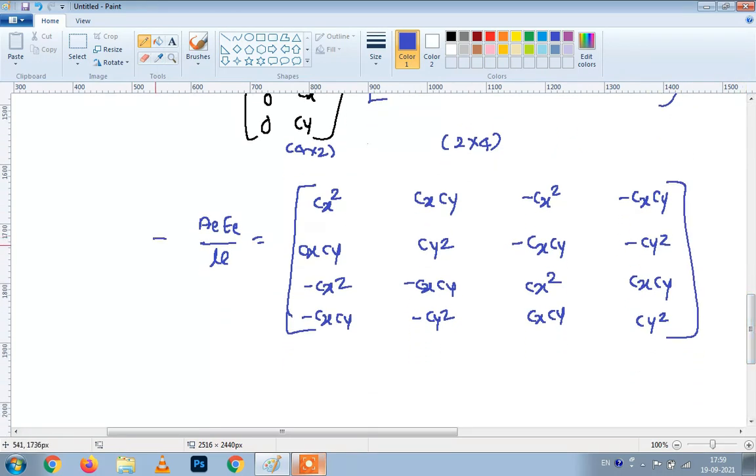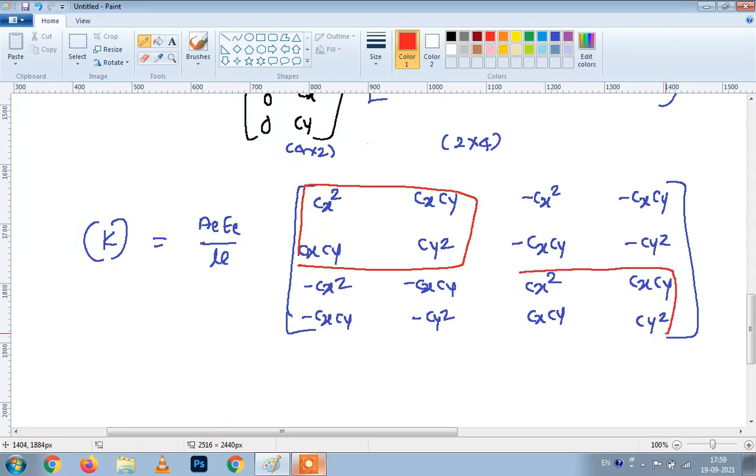Now if you observe carefully, it is very easy to remember this stiffness matrix K. You have to just remember these four elements. Now if you observe carefully, these four elements are written here as they are, and here there is just a change in sign.